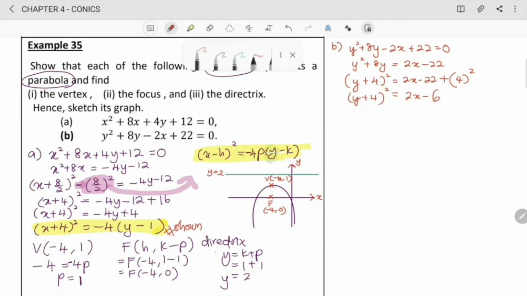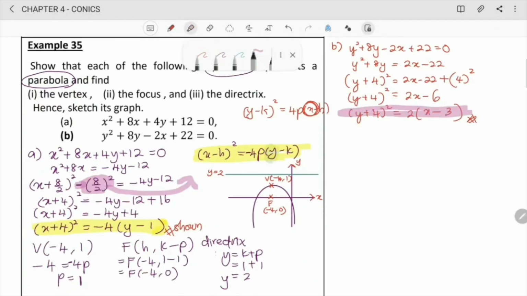The general form is y minus k squared equals 4p times x minus h. The x here must have a coefficient of one, so you factorize to get y plus 4 squared equals 2 times x minus 3. Then it is shown that this is the equation of a parabola.